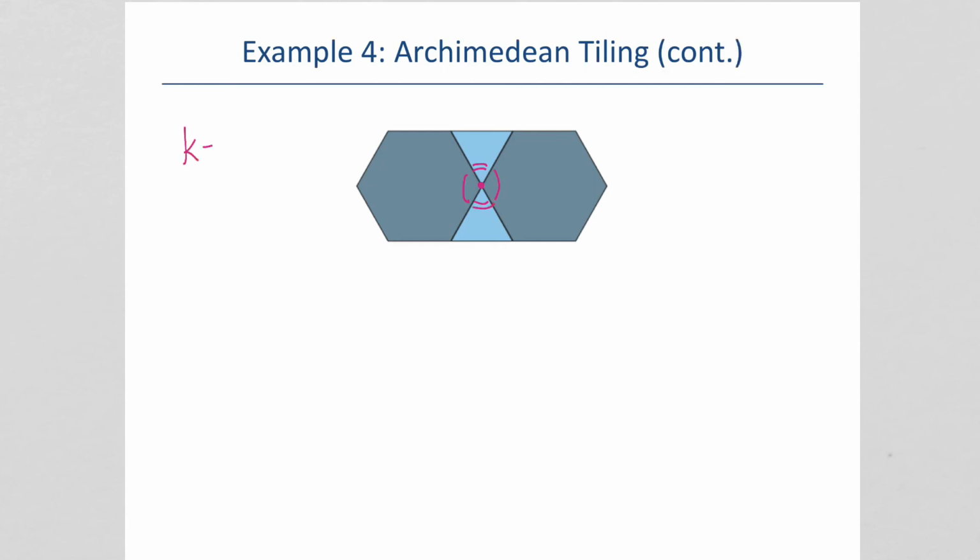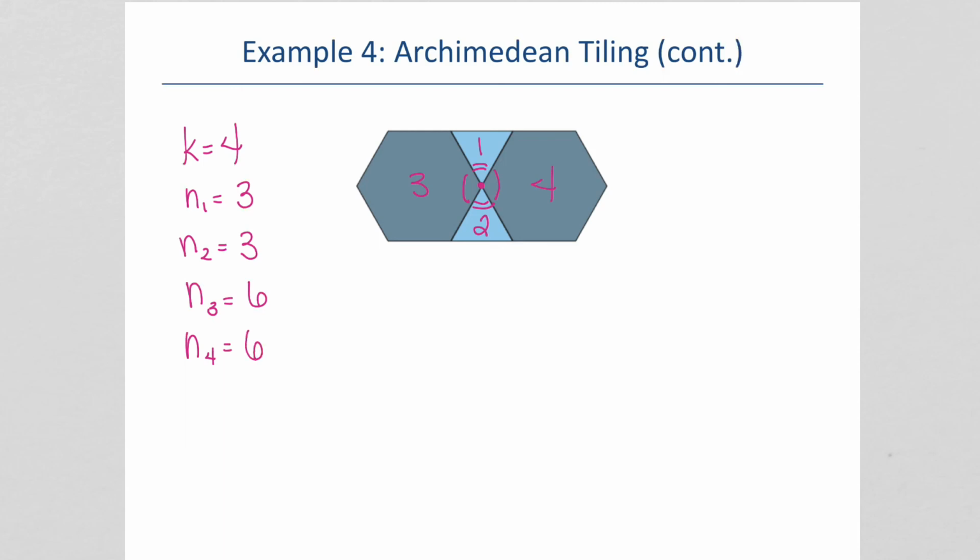So that means that k is 4. n sub 1, if this triangle here is, we call it 1, it has 3 sides. If we call this triangle 2, n sub 2 is also 3. This hexagon, if we call it 3, then n sub 3 would be 6 because it has 6 sides. And this one, n sub 4, would also be 6.